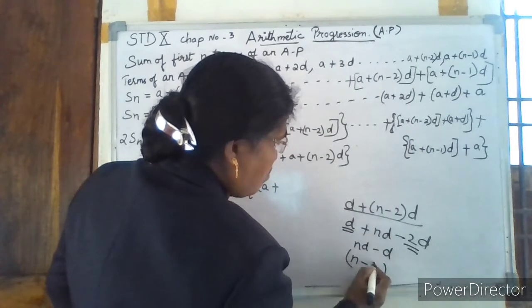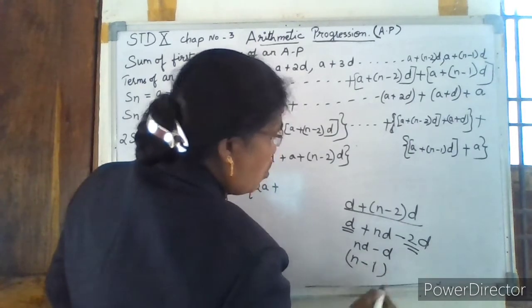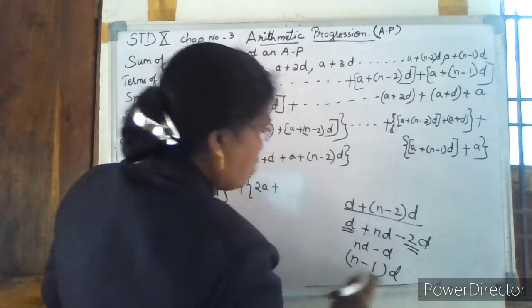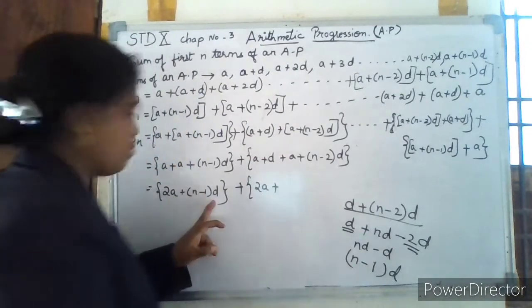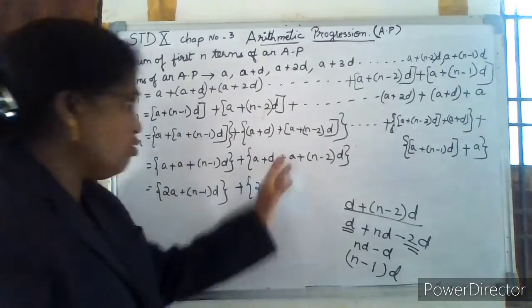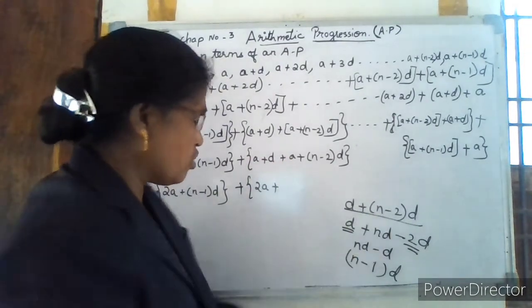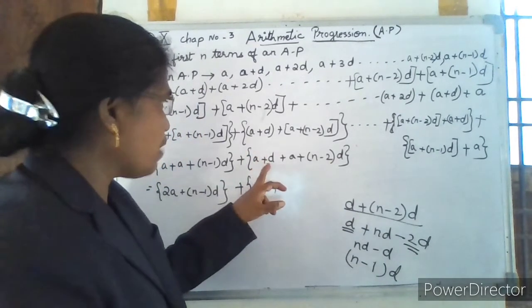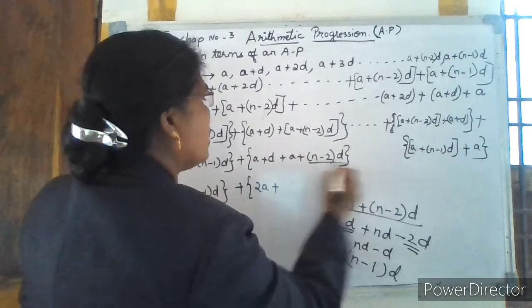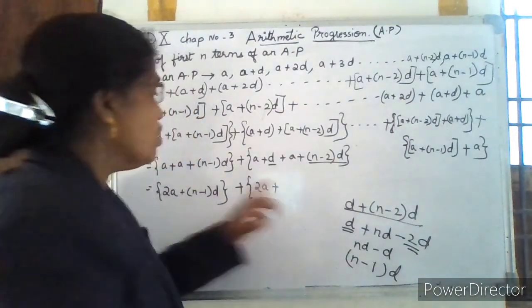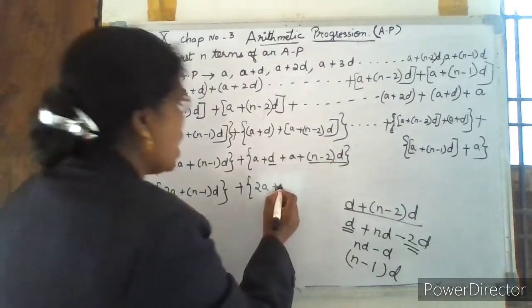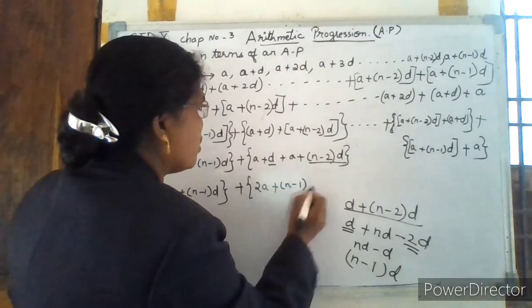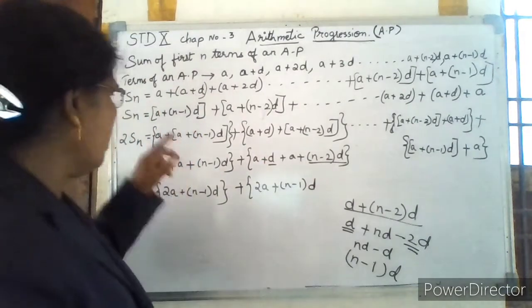Only one will remain. This solution we cannot show here; I have shown you separately. So when we solve this plus d and this whole term, the solution is n minus 1 into d. Yes, this first term is over.